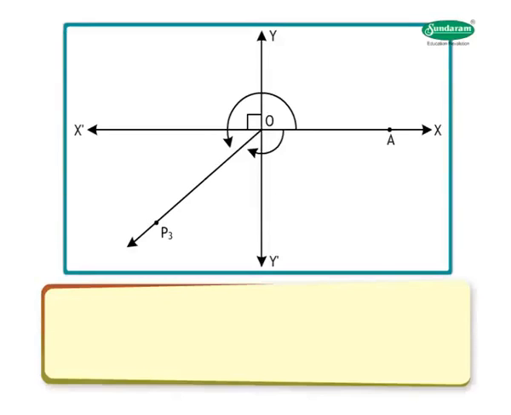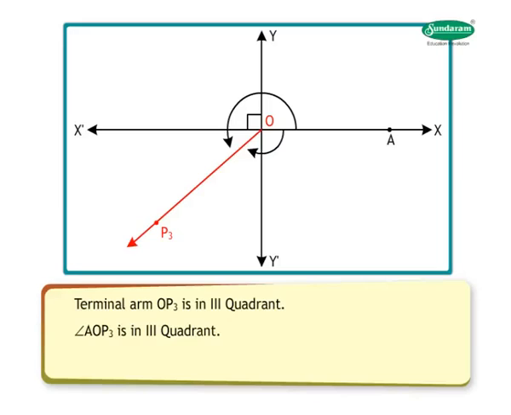In this figure, the terminal arm OP3 is in third quadrant. We say that angle AOP3 is in third quadrant. Here, the angle AOP3 lies between 180 degrees and 270 degrees or minus 180 degrees and minus 90 degrees.